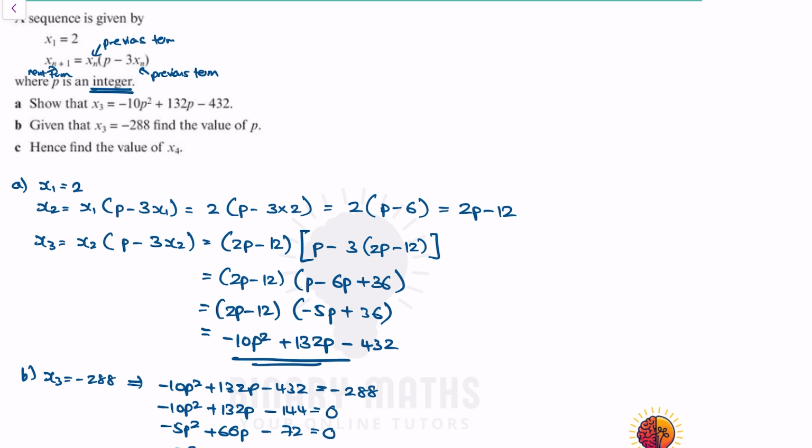Negative 6 times negative 12 is positive 72. I get minus 6p minus 60p, which is minus 66p. Which implies that p is equal to 6 over 5, or p is equal to 12. P is equal to 12 as we know p is an integer.